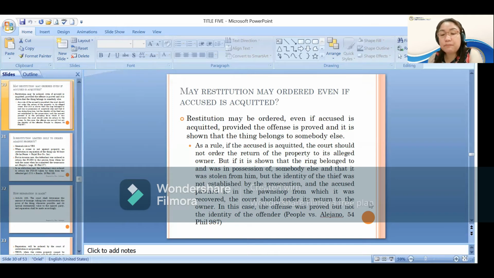So in this case of People versus Alejano, wherein the court was able to prove that the same lawfully belongs to this particular person, the court did order for the return of the ring to the lawful owner.